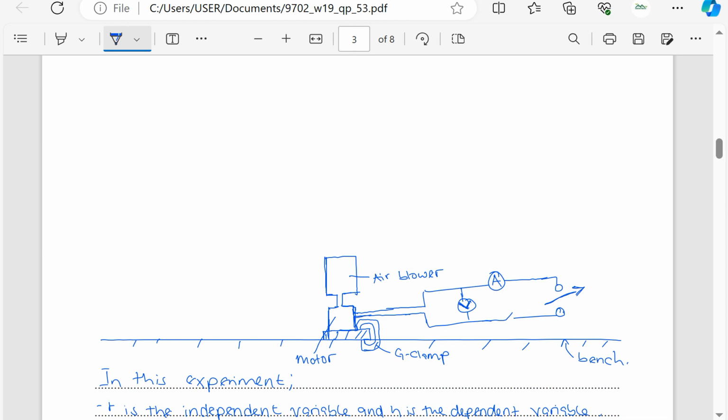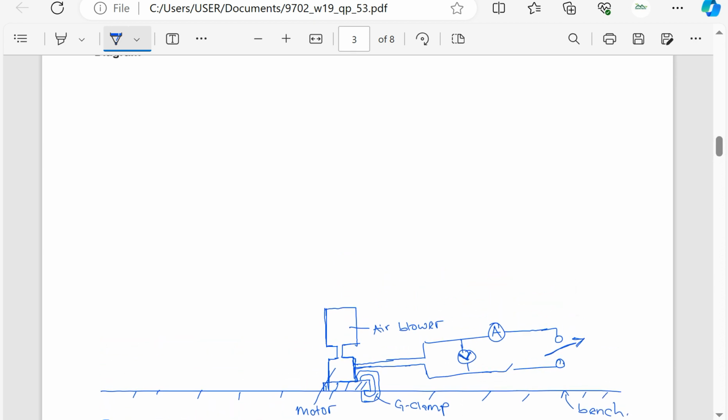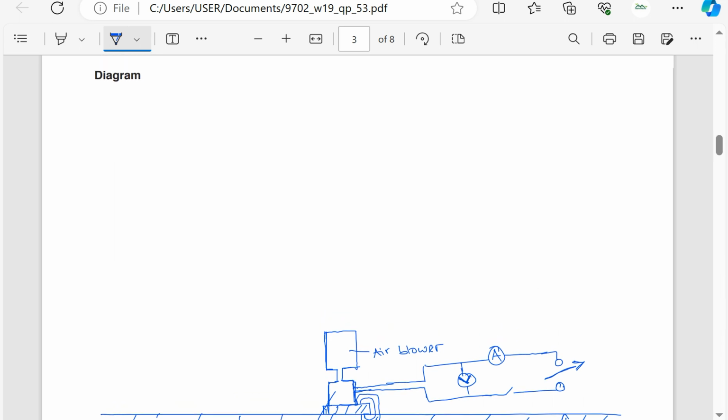Okay, so the air blower must blow the ball vertically upwards. So I must draw a representation of the ball just above in almost the same line as the air blower. So the ball should be somewhere here. The ball should be circular.